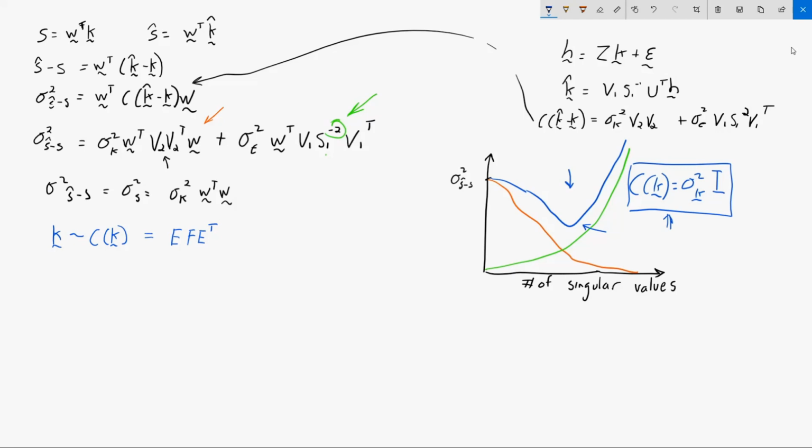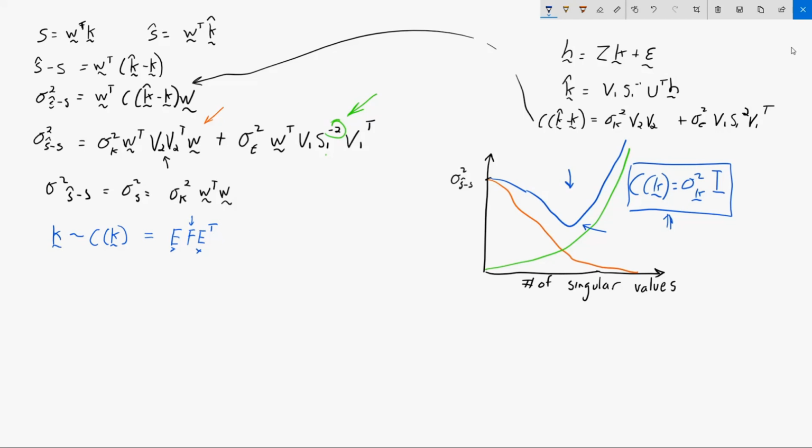Because Ck is symmetric, positive definite, we can use E and E here instead of U and V^T. F, of course, is a square matrix with non-zero diagonals, but off-diagonal terms are all zero.